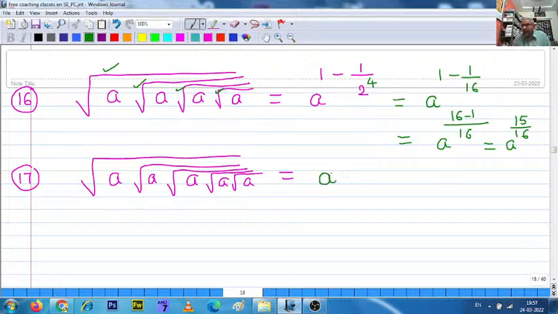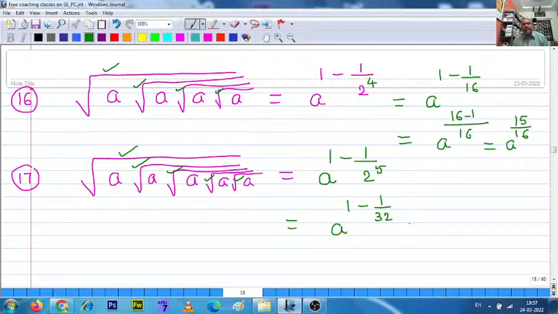See, a to the power of, wonderful. So 1 minus 1 upon 2 to the power of, count the number of roots, 1, 2, 3, 4, 5, 2 to the power of 5. So I hope it's clear. A to the power of 1 minus 1 upon 32.